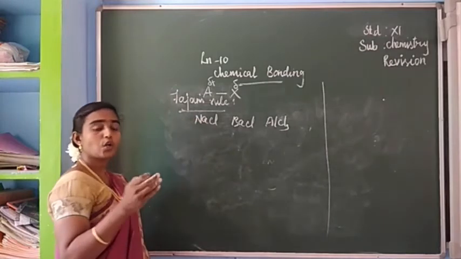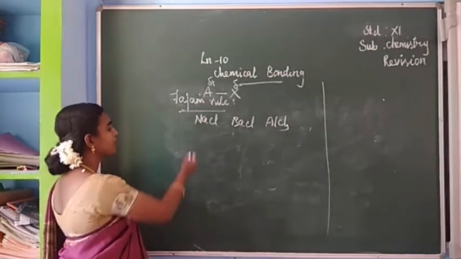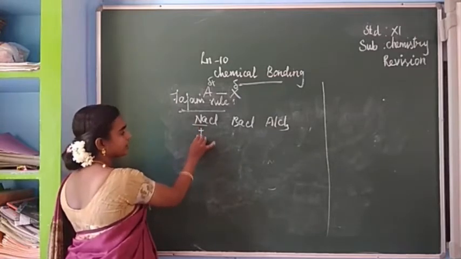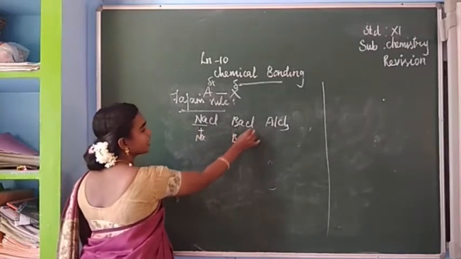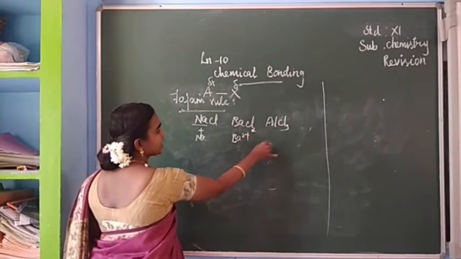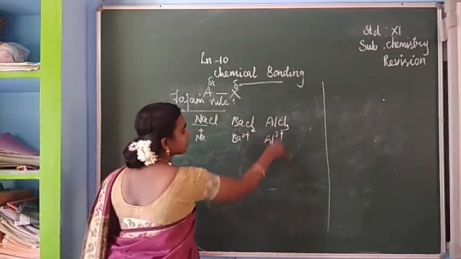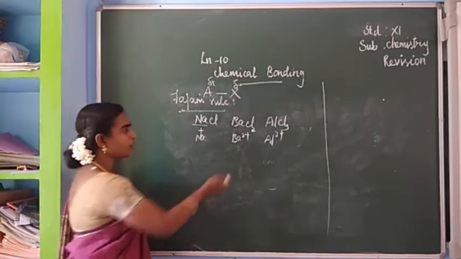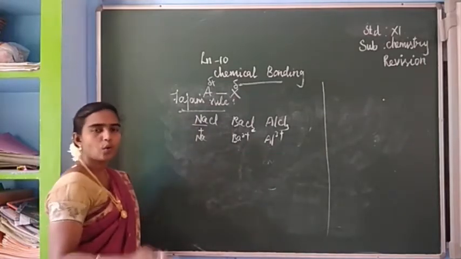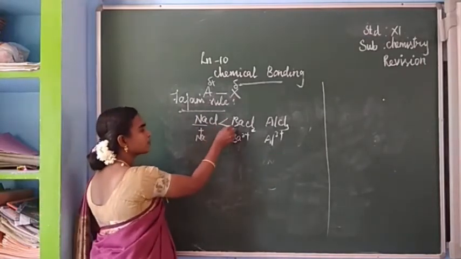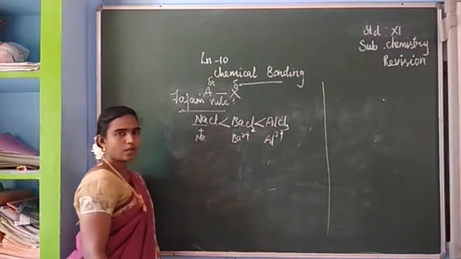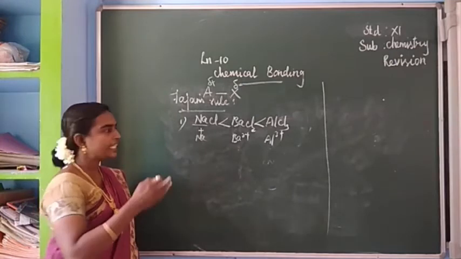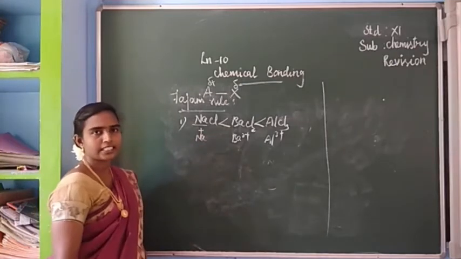Here sodium Na plus, Ba 2 plus, Al 3 plus. Which cation has more charge? Aluminium. So which has more covalent character? Aluminium chloride. So increase in charge of cation or anion increases the covalent character.